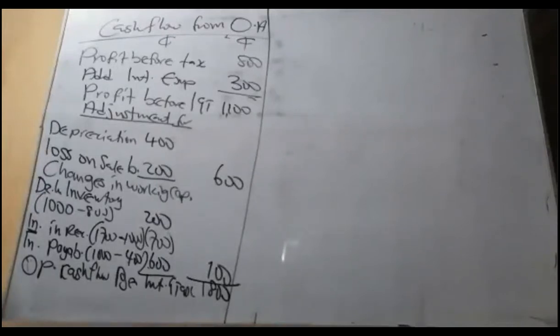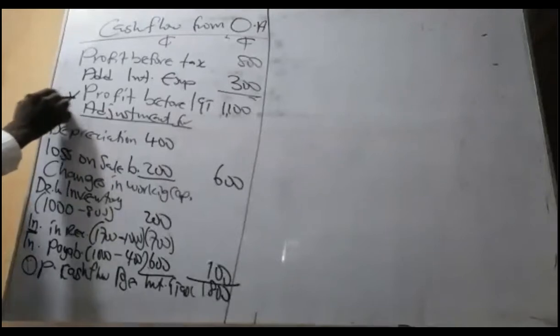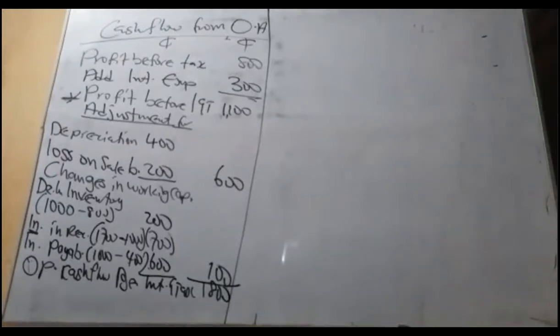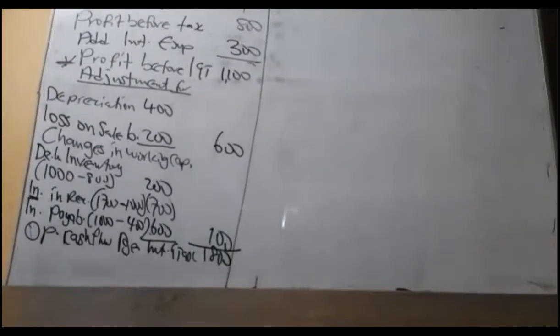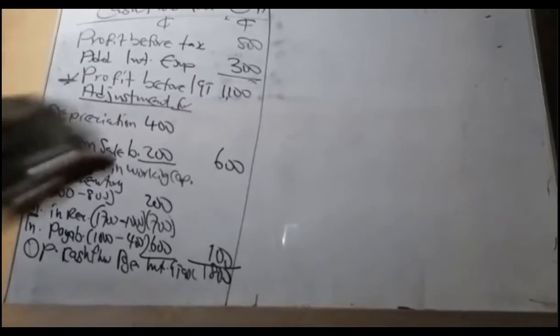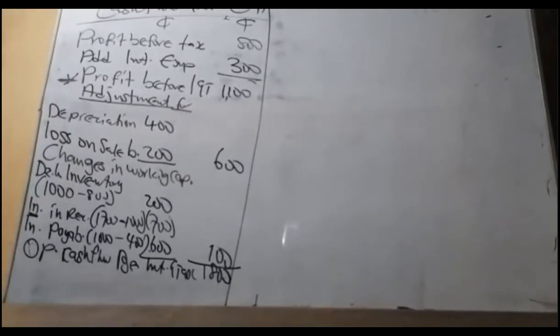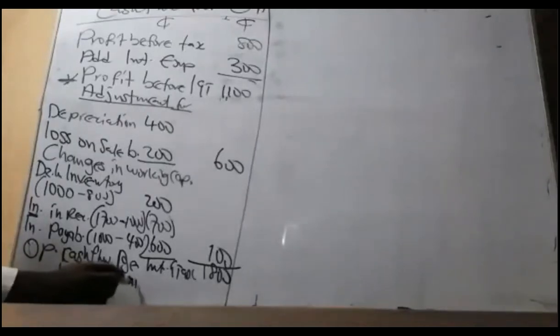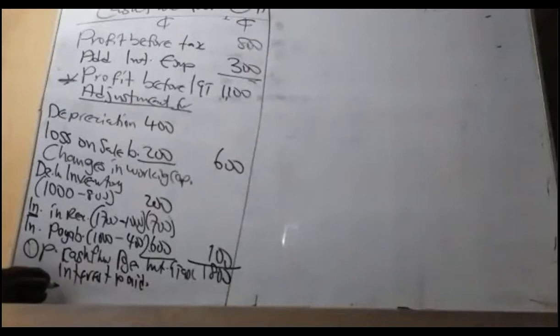Good. So if you're able to multiply this profit before interest and tax to get what? Operating cash flow before interest and tax. That is good news and super fantastic. So interest paid and tax paid. So interest paid and then finally tax paid.